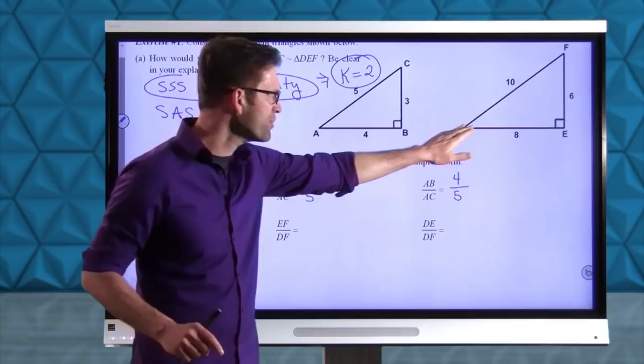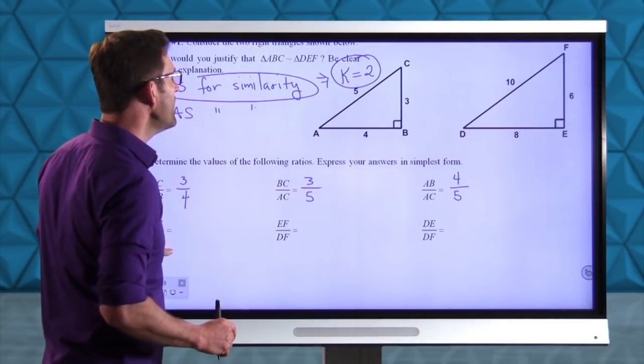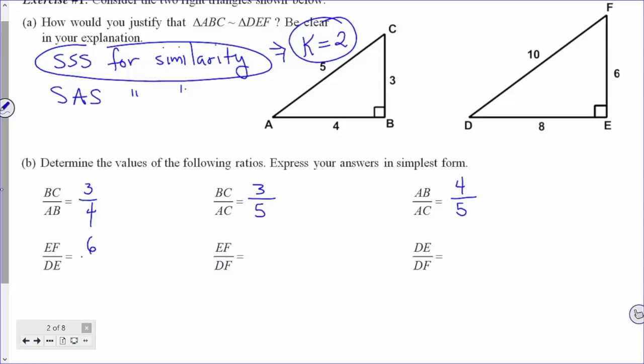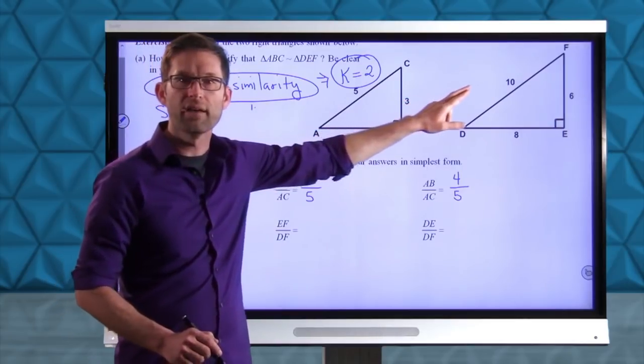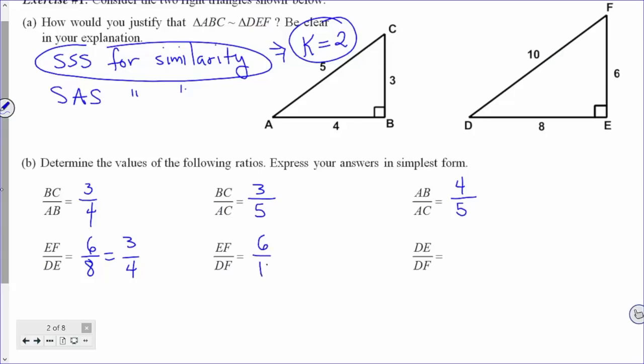But now, let's look at this larger right triangle. Here it asks me to do EF divided by DE. So that's 6 divided by 8, which of course reduces to 3 divided by 4. Then it asks me to do EF divided by DF, and that's 6 divided by 10, which reduces to 3/5.